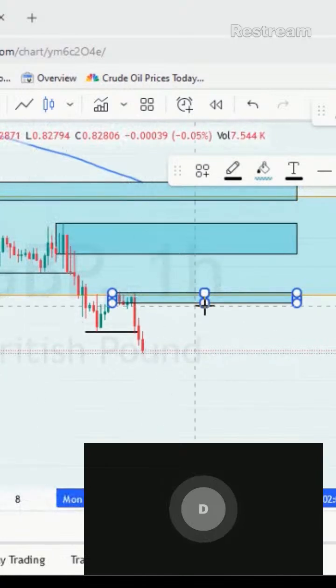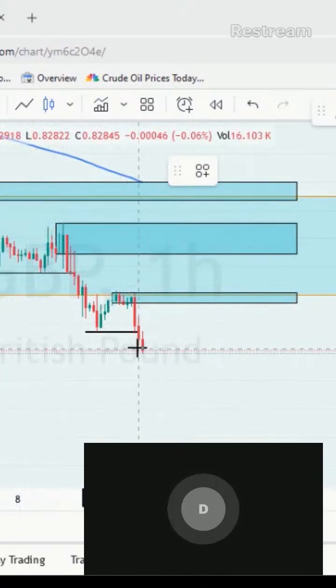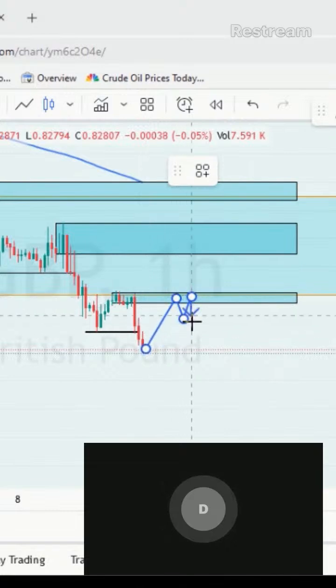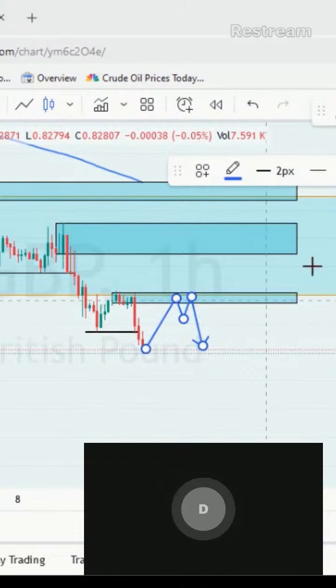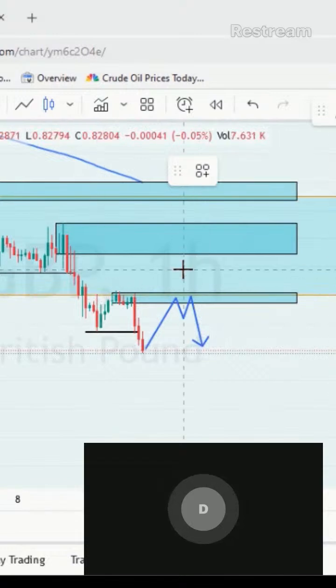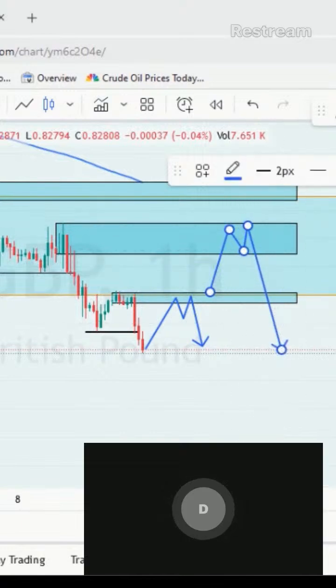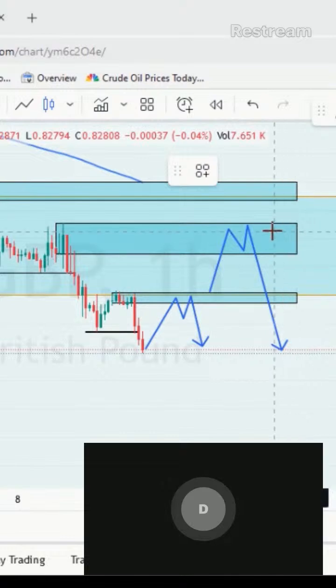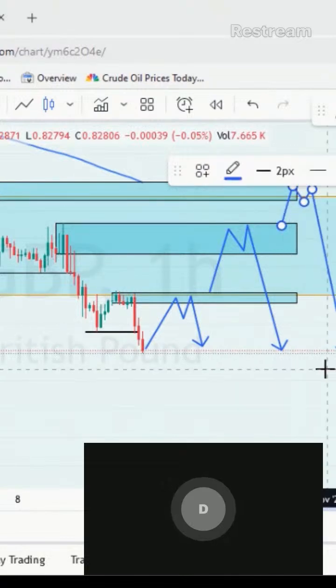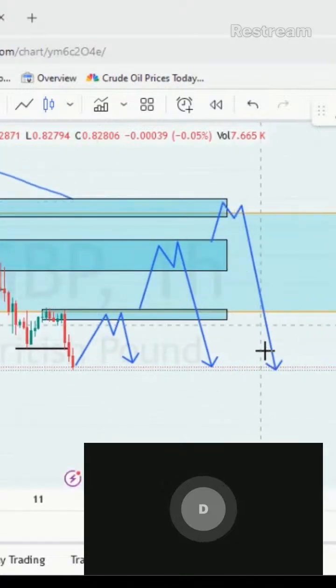If we get to this place and we see a good confirmation from here, we can sell. Or it gets to this place, it breaks this level, gets to this place, and we see a good confirmation from here, you can sell. But this is the good supply level that we have here.